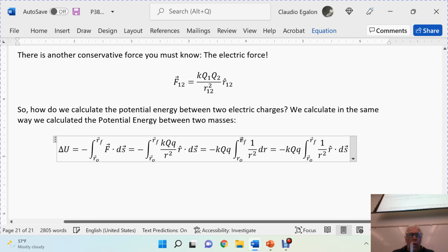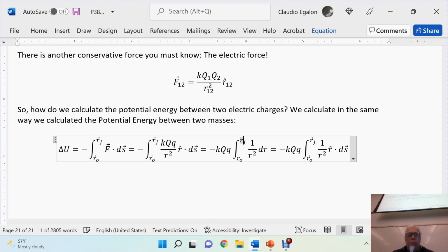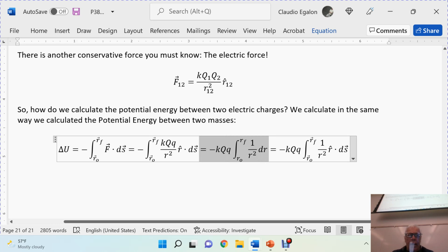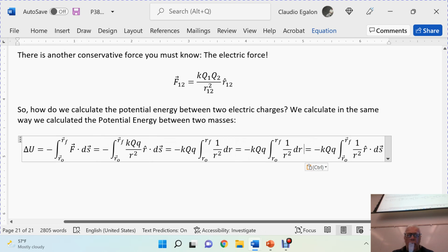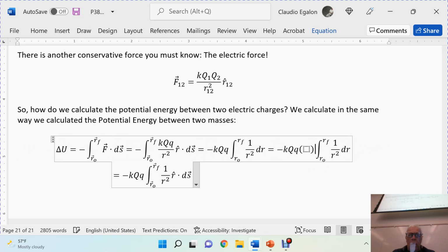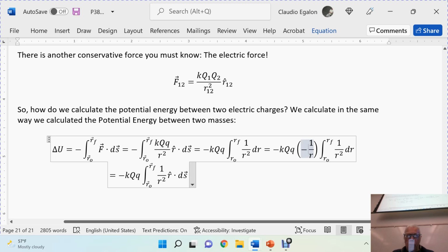The limits are no longer vectors. Then the next step is to solve this integral. This integral is easy to solve, right? This integral is 1 over r squared, so it gives a negative 1 over r, from r naught.